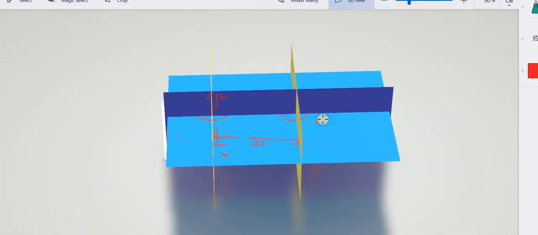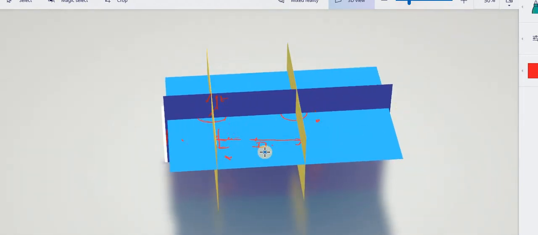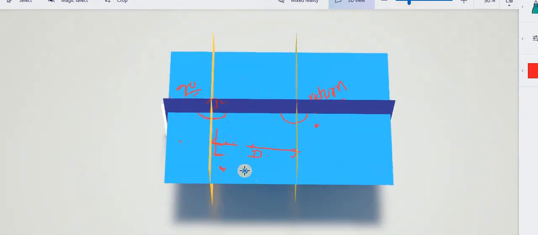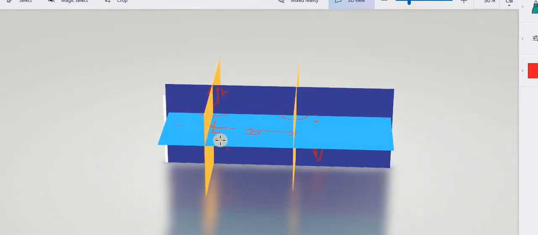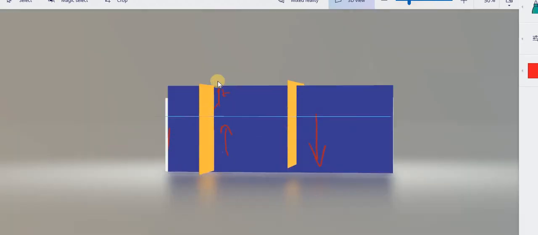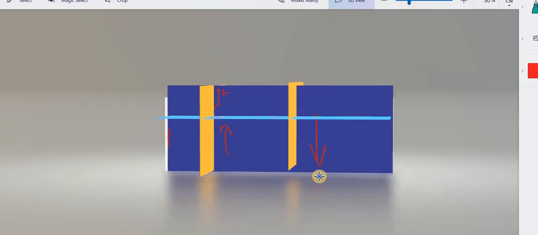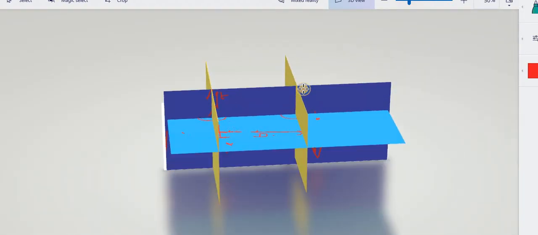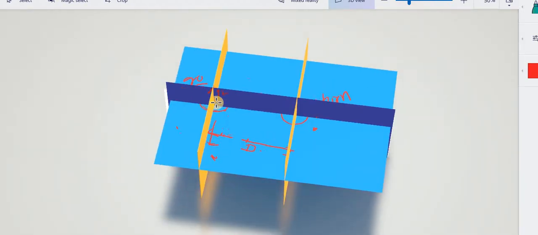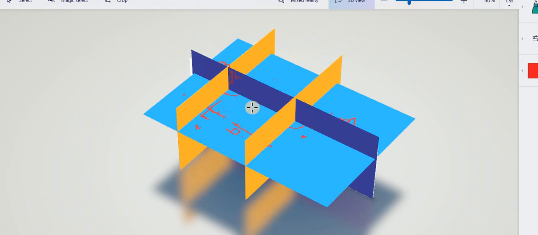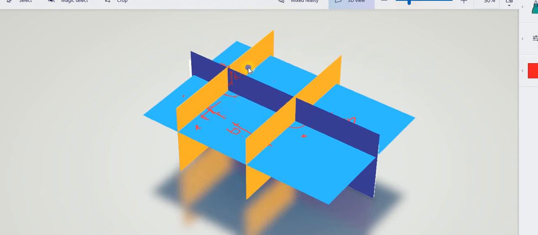Suppose here is one transmission line, one conductor, and here also one conductor. The two conductors are placed in the direction of Z, with axes X, Y, and along this Z.